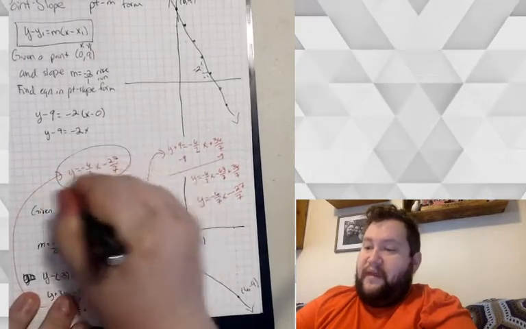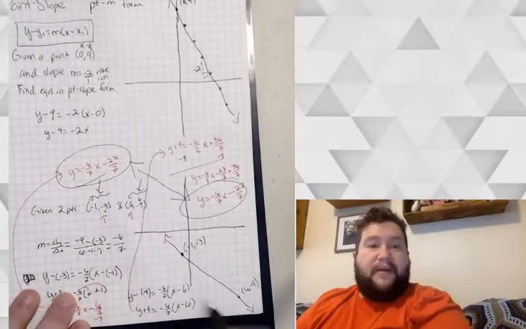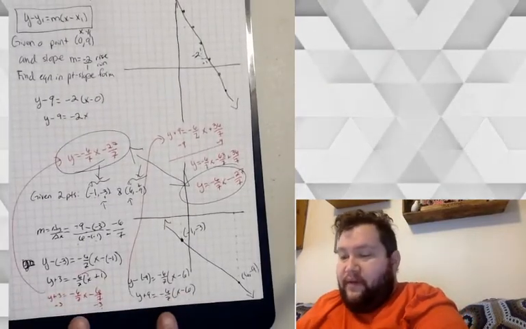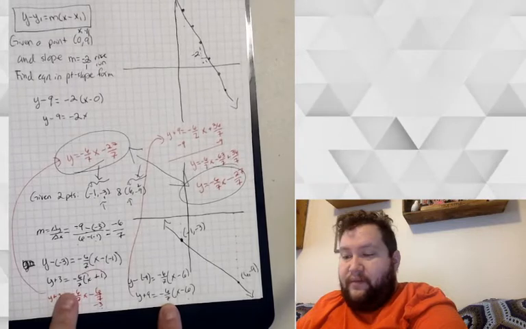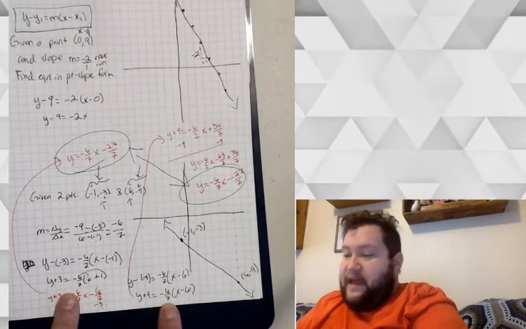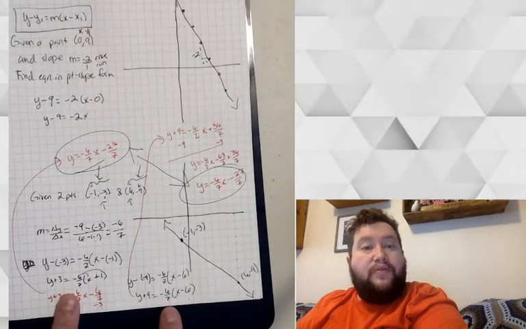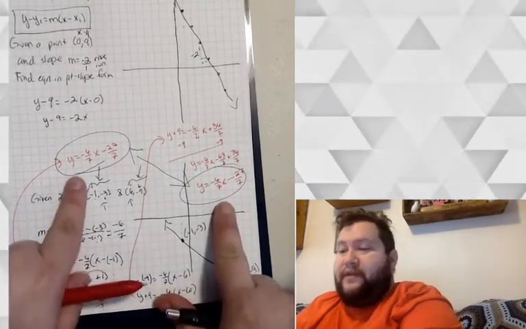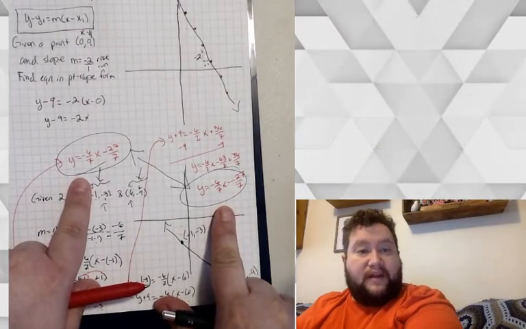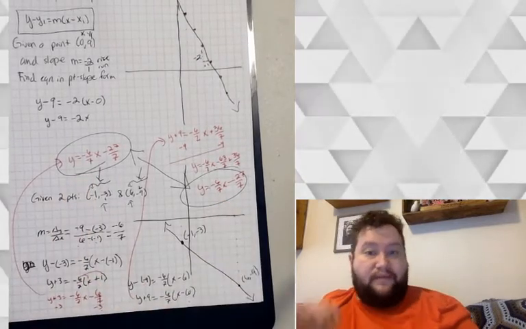And in both cases, we get the same equation. So even though our point-slope forms, y plus 3 equals negative 6/7 times x plus 1, and y plus 9 equals negative 6/7 times x minus 6, look different, when we convert them to slope-intercept form, our y equals mx plus a constant form, we end up getting the same value.